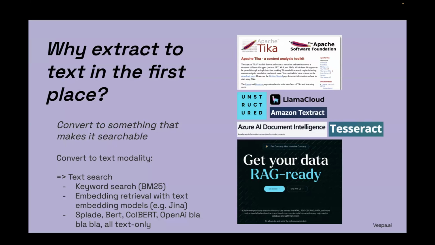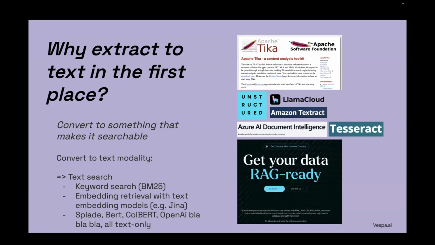Extracting the text correctly from the document is very often the performance bottleneck for document solutions. It doesn't matter how good your search solution is unless you're able to extract the text that it contains.